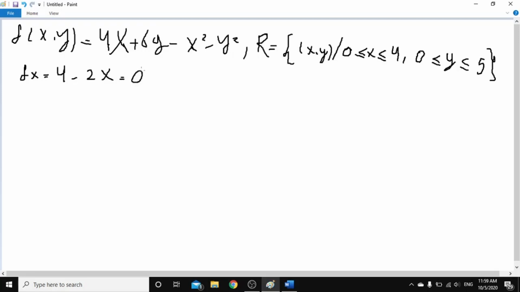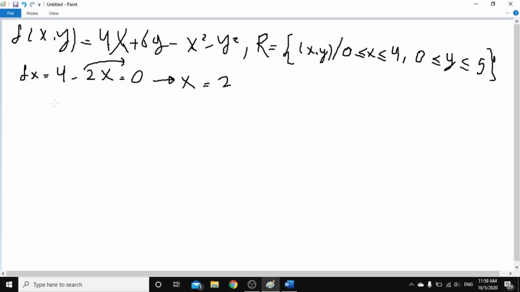If we solve this, we can move the negative 2x to the right side, so 4 equals 2x. Dividing 4 by 2, we get x equals 2.